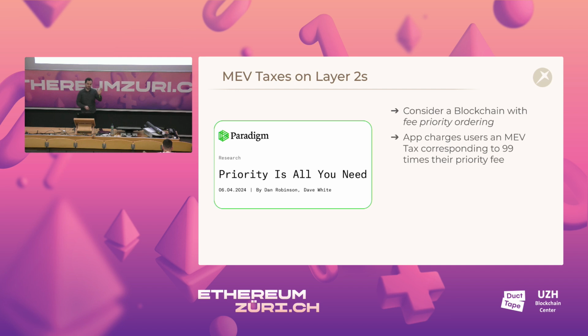You can take this ordering, translate it into your application, and charge these solvers maybe 99% of their priority fee. If they just put this fee to the layer 2, it's the layer 2 that gets the MEV back. But if this fee is put in the application, you scale this amount to your application, and you get in competition 99% of the top-of-block MEV.